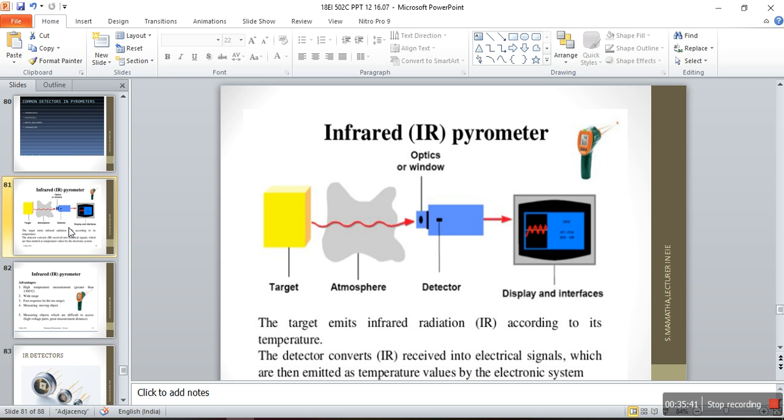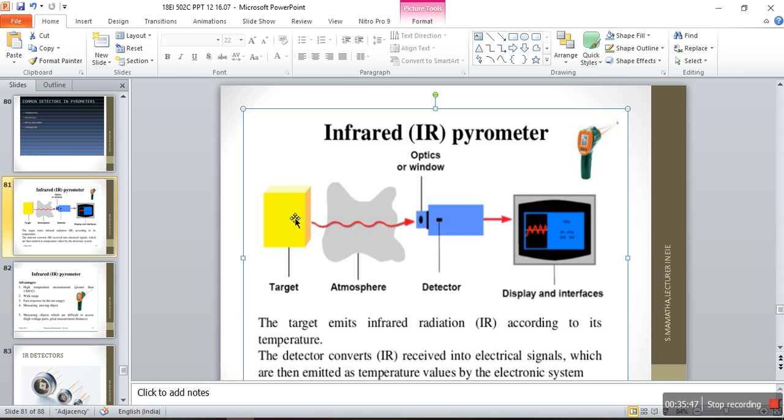We also discussed the infrared pyrometer. Whatever body is generating infrared radiation is called the target. It emits IR radiation that flows through the atmosphere to a detector. That detector absorbs the IR radiation and it is displayed on the interface, the IR indicator.